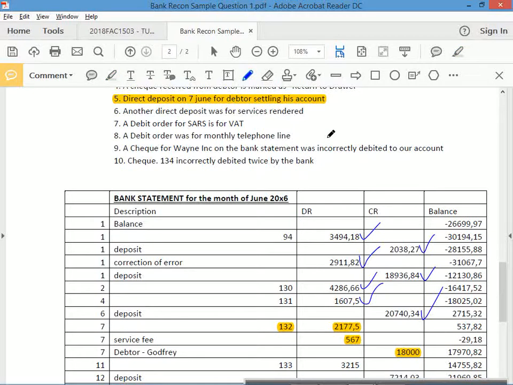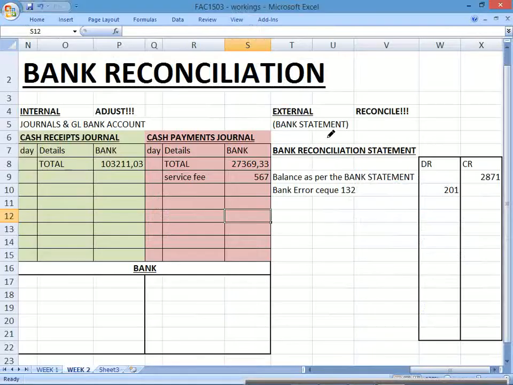The bank's. Adjust, reconcile. Adjust. Where am I going to capture a receipt? In the receipts journal. 18,000 goes here for a debtor. You can write Godfrey if you want, or debtor, it doesn't really matter, as long as you've got something that represents the receipts.